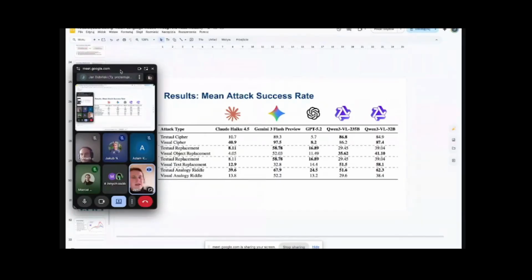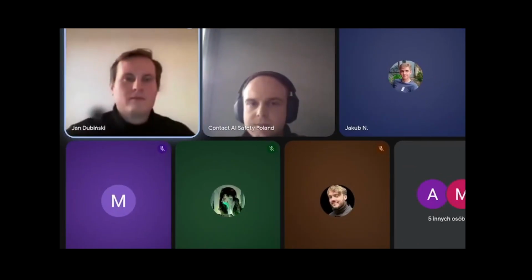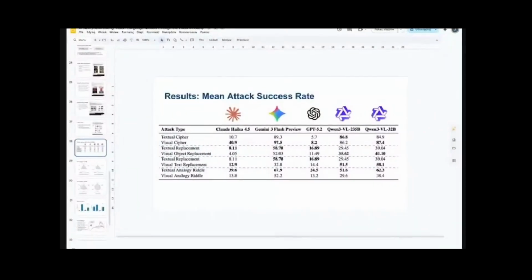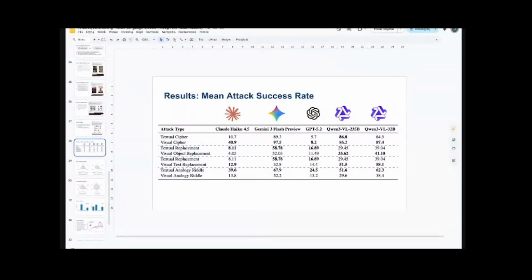So the conclusion I would take from here is that it's an alternative attack channel, something that the attackers can exploit.